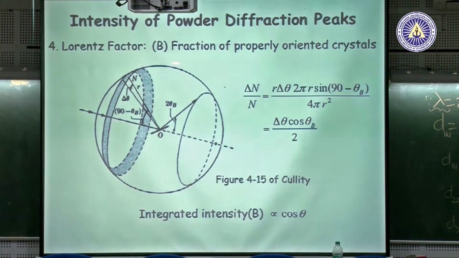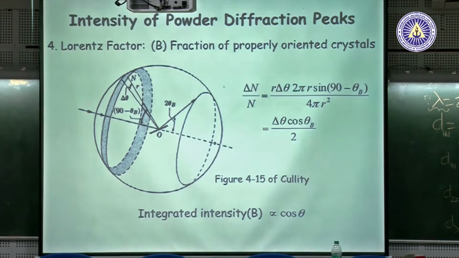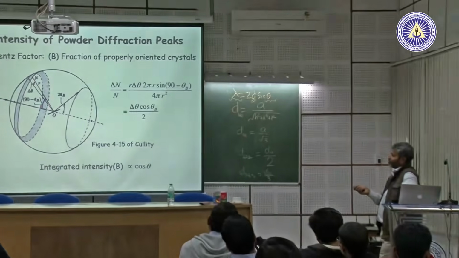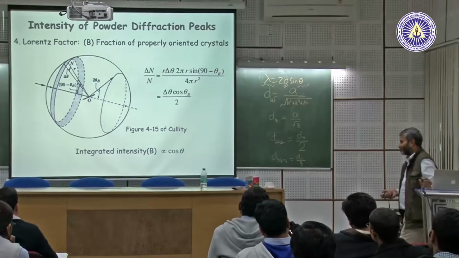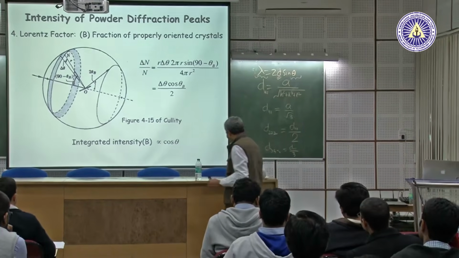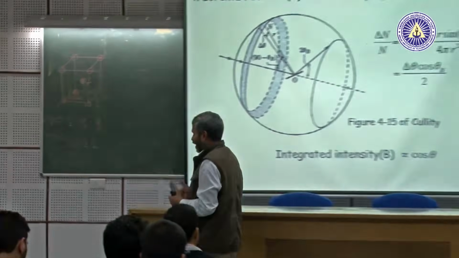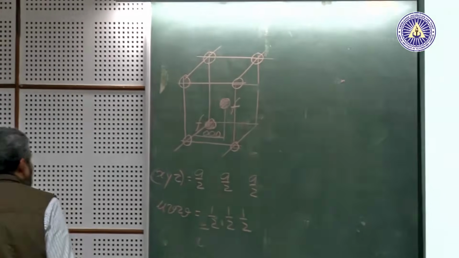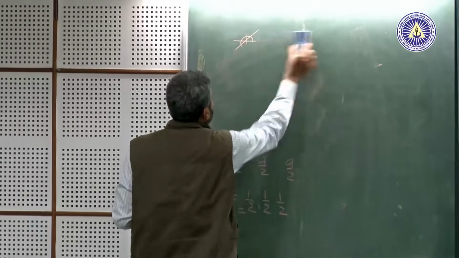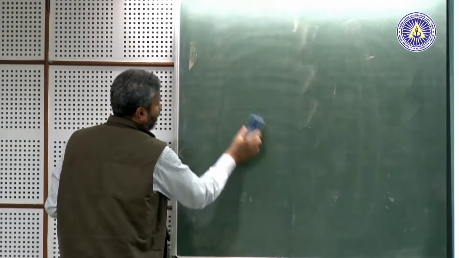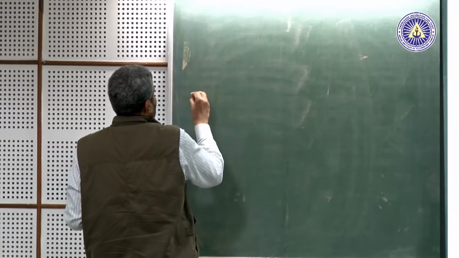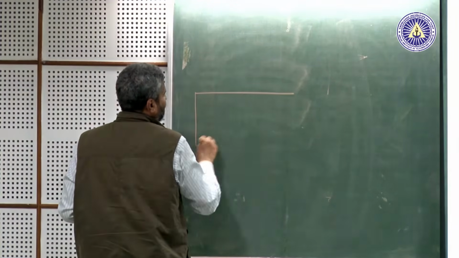Then this looks dirty, but is actually simple: how many different crystals are oriented properly for different directions. This is very interesting. All crystals do not diffract for any given peak. Remember, we are doing powder diffraction. Powder means the sample is polycrystalline.